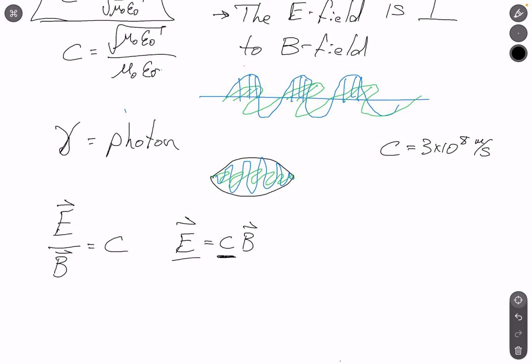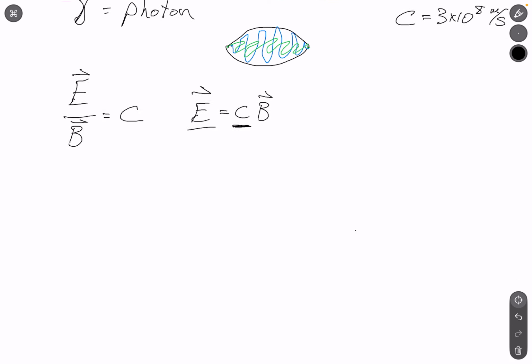So our B field has to have a lot multiplied by it to give you an E field. That means the B field is a lot smaller than the E field. There's no way around it.